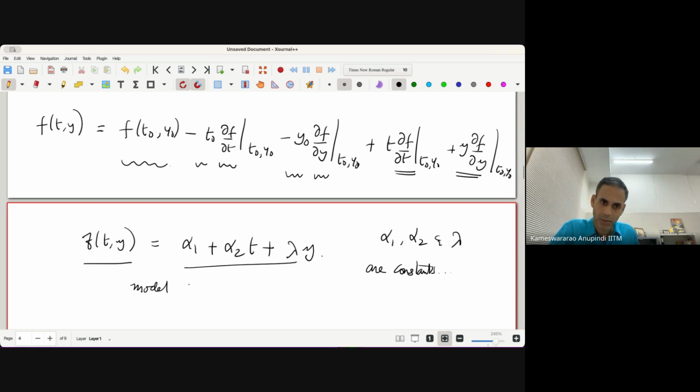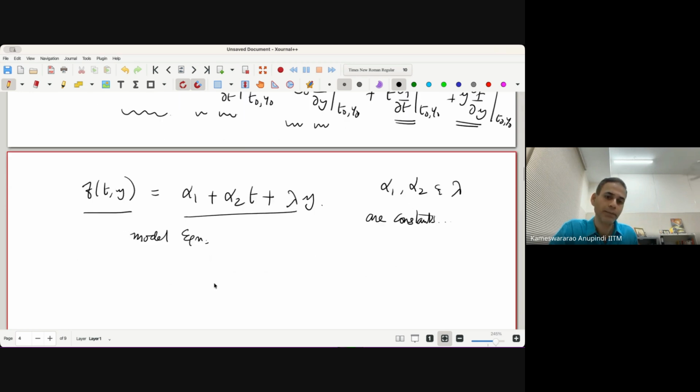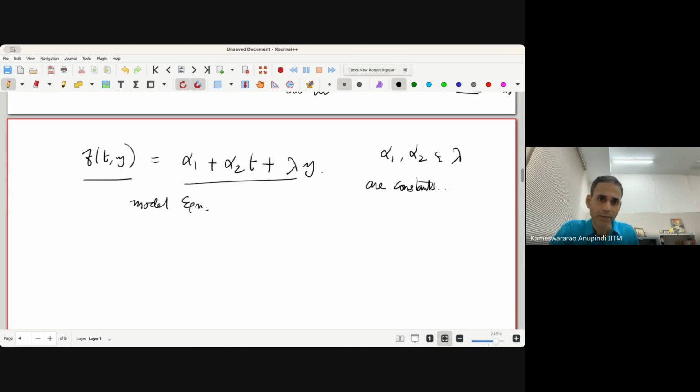But then if I'm going to further neglect the inhomogeneous part to simplify the analysis, that is one part.